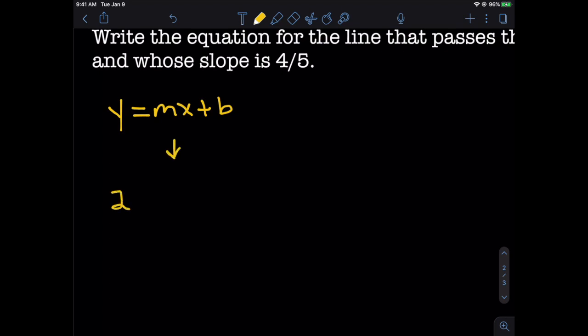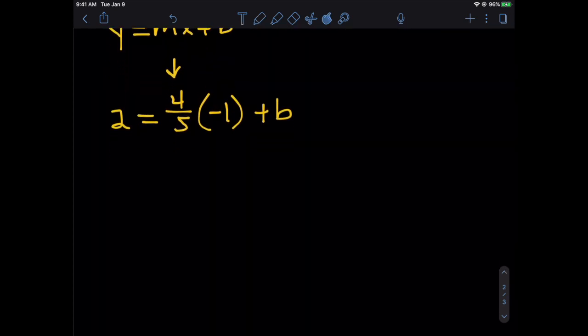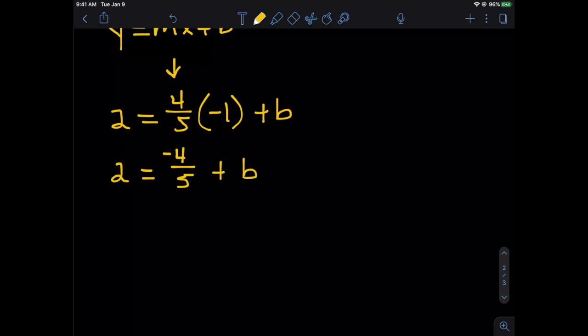In our situation, y is 2, m is 4/5, and x is -1. And so we'll evaluate. The 2 is going to stay the same, so we have 2 equals, 4 times -1 is -4, over 5. We can't divide that nicely, so we'll leave it as -4/5.